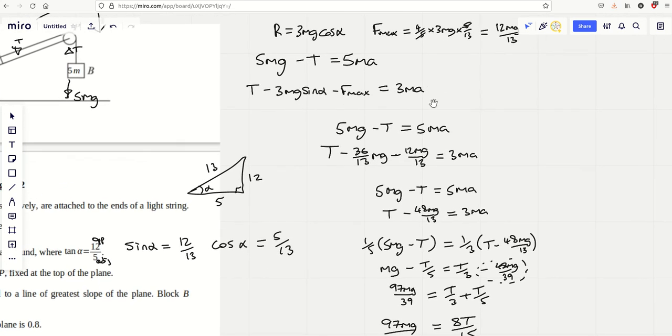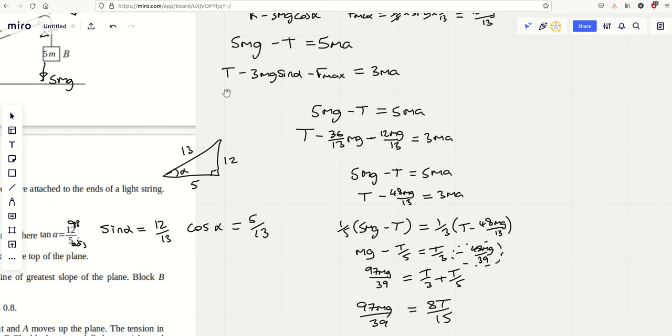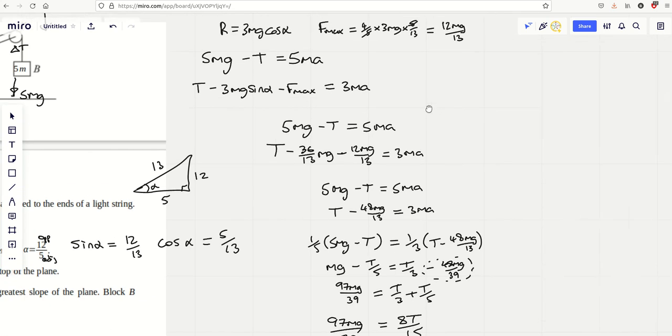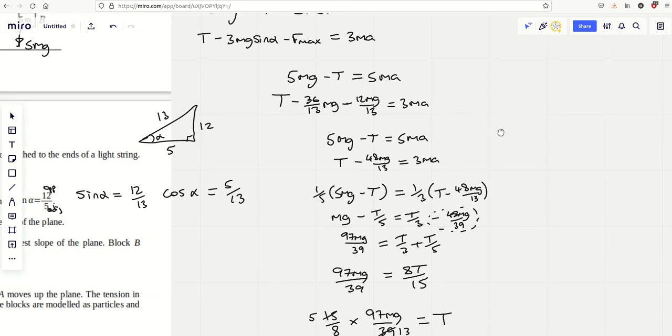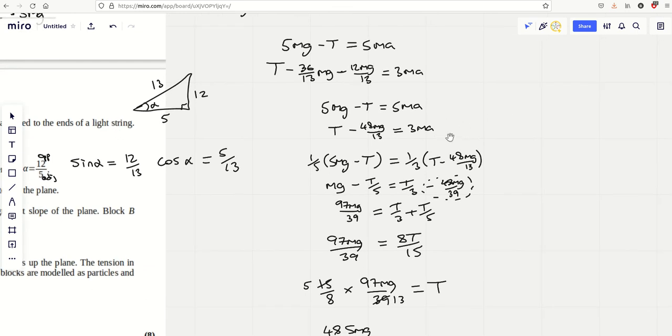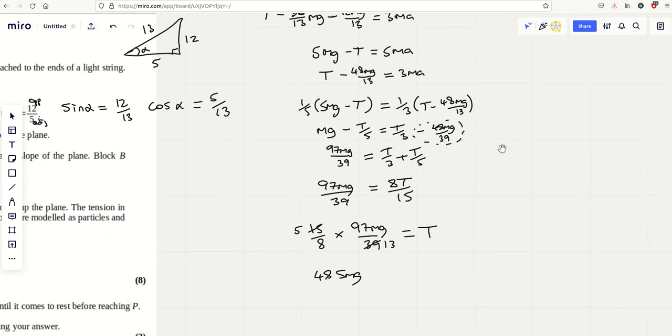It's probably going to be somewhere here in the rearrangement of this. Sine alpha was 12/13, and 3 times 12 is 36 mg/13. I like that. And this came to 12 mg/13. So we can definitely rewrite that as 48 mg/13. That looks good to me. So what are we getting now here? And then when I then basically made them both ma, didn't I?